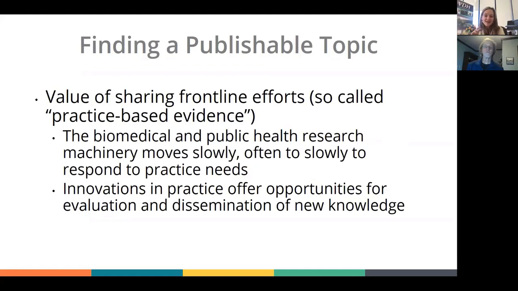I then asked her to consider what they were doing, and what their approach was and whether there was a practice-based evidence angle that she could take for that. So in that same example, I just pivoted the conversation slightly and I said, well, what if you reconsidered the question?